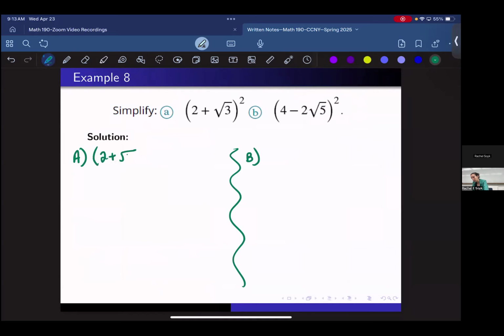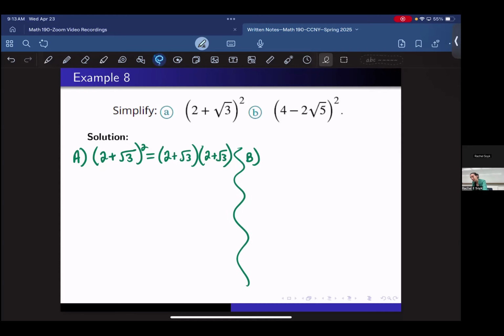Right? These binomial squares, yes, you can expand it out and do the foiling, but that takes up time. So if you know your rules, just know that when they're both positive, those middle two terms are being doubled. So 2 times 2 gives you 4. Your middle two terms is 2 square root of 3 doubled, so that's your 4 square root of 3.